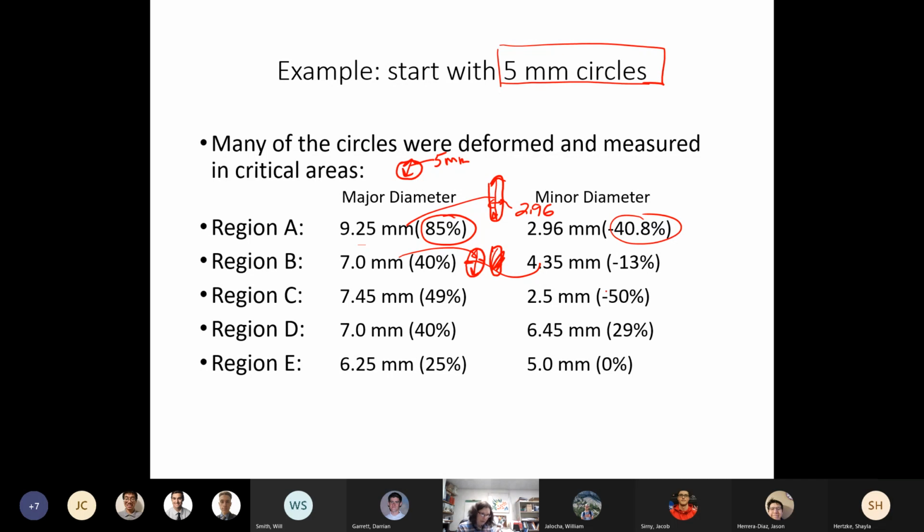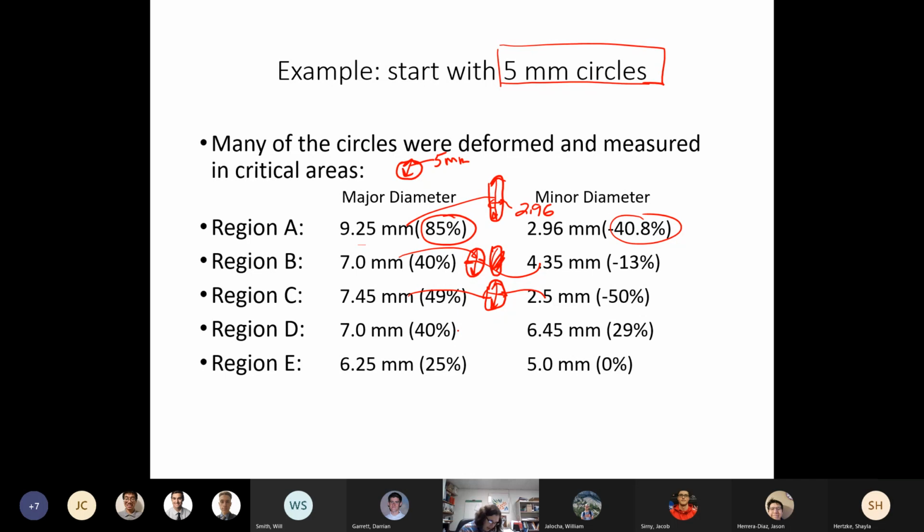So minus 13 plus 40. Region C, again, our major is 7 and our minor is 2.5. So here we're about 50, minus 50.